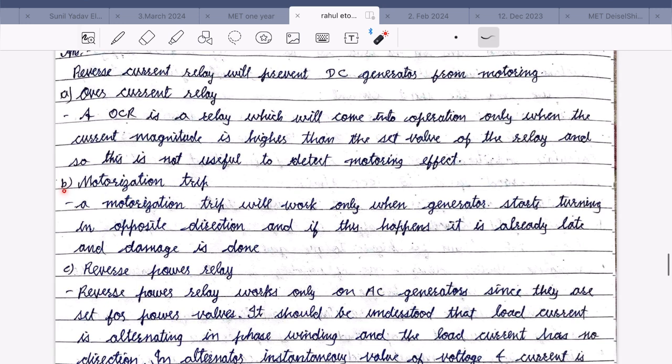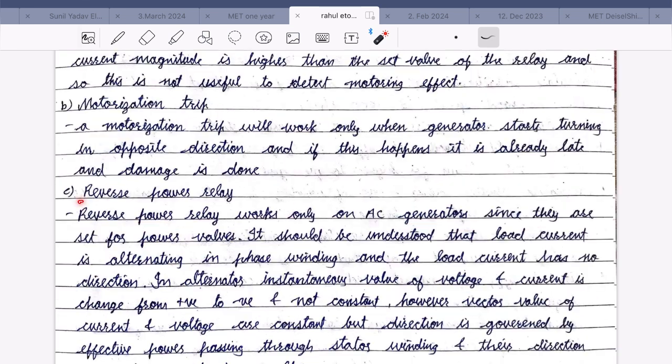Let's move on to B, motorization trip. A motorization trip will work only when the generator starts turning in the opposite direction, and if that happens it is already late and damage is done. Reverse power relay. Reverse power relay works only on AC generators since they are set for power values.